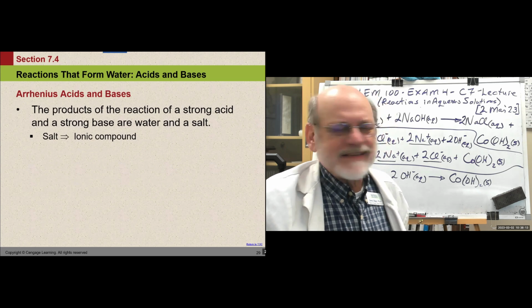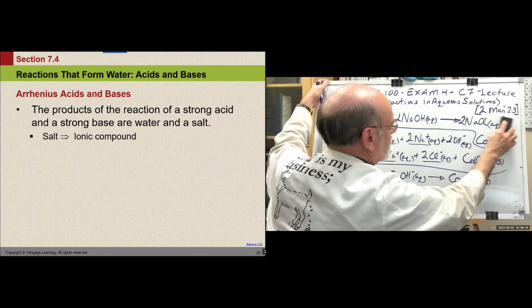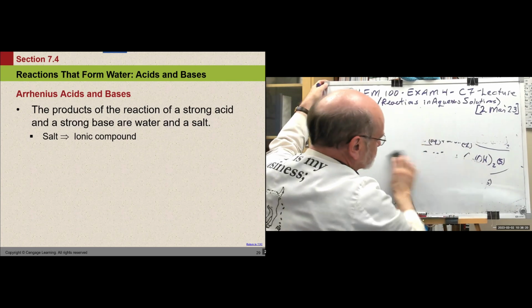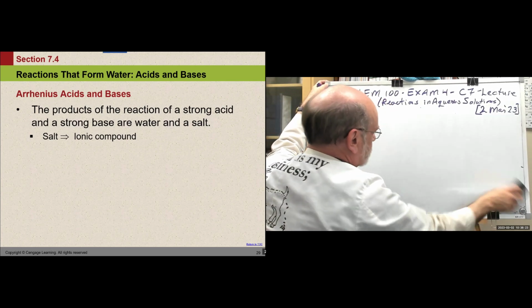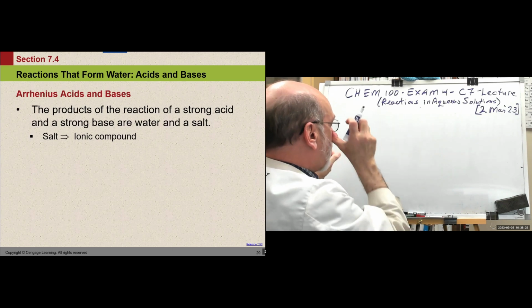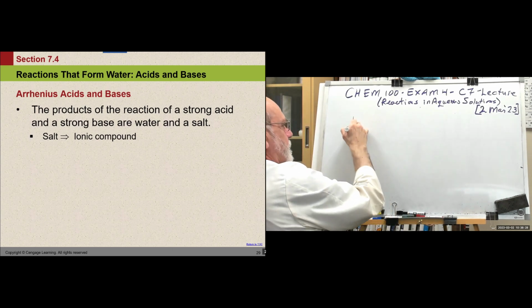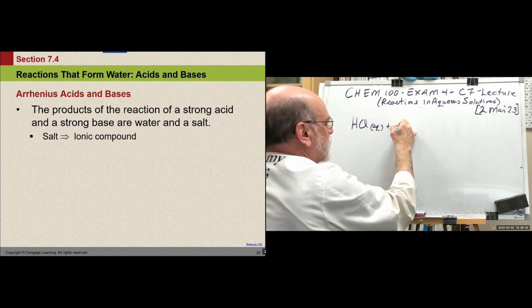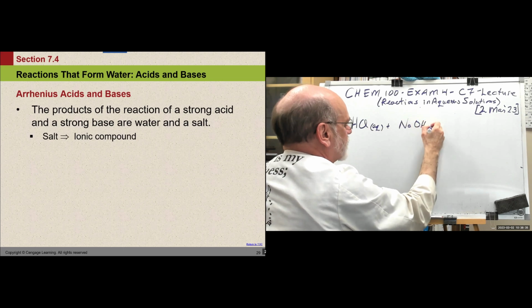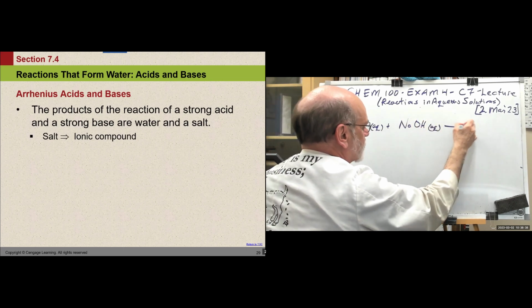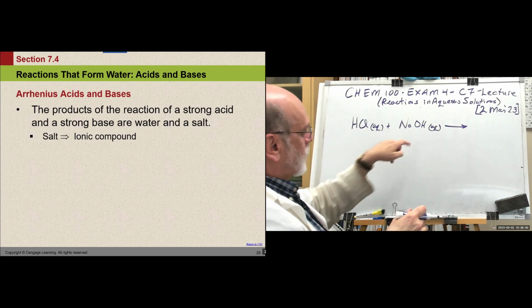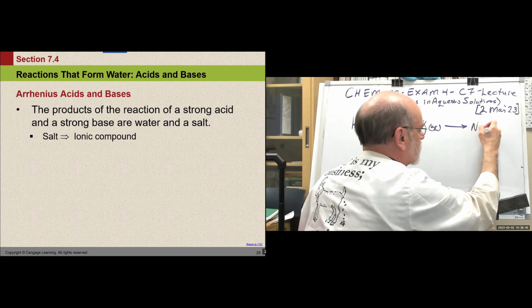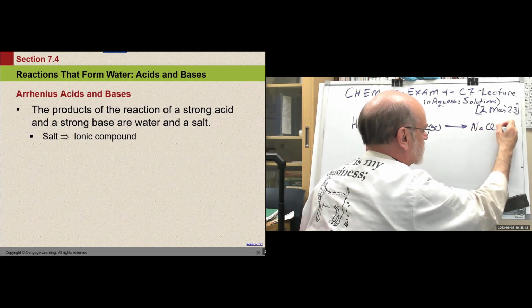Okay. Now, when you put these together, what do they form? Well, let's take an example. I think it'll make more sense with a concrete example. So let's go back here to this example. HCl in aqueous solution plus sodium hydroxide in aqueous solution produces what? Well, the sodium can associate with the chloride, so we get sodium chloride in aqueous solution.